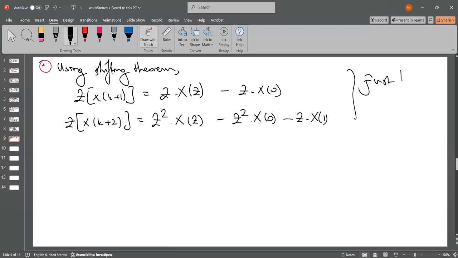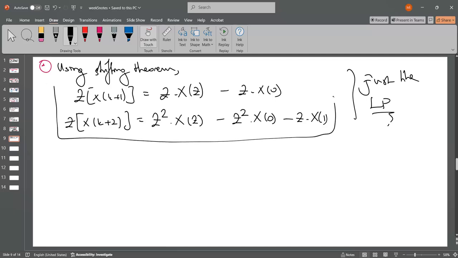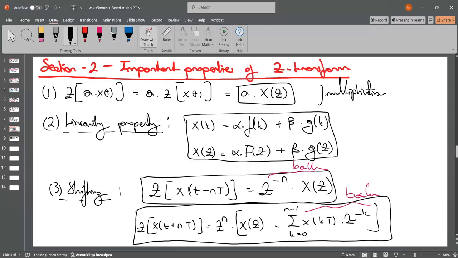Just like the Laplace transform, right? In the initial value theorem we have this kind of transformation in the Laplace transformation with the initial conditions, as a result of this equation.